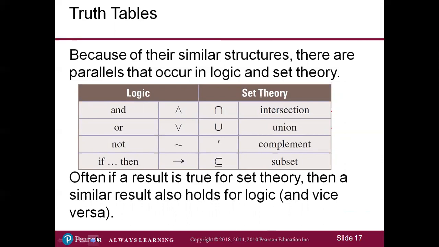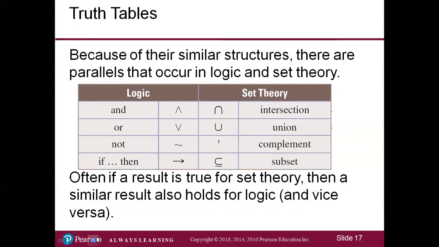In set theory, union was an upward facing U, whereas in logic, it's a sharper symbol like a V, and they both still stand for the concept of or.